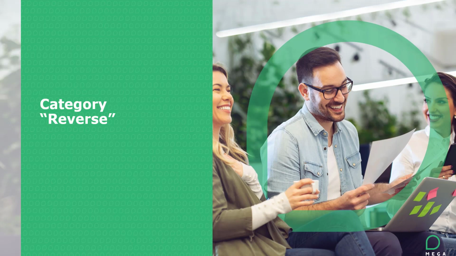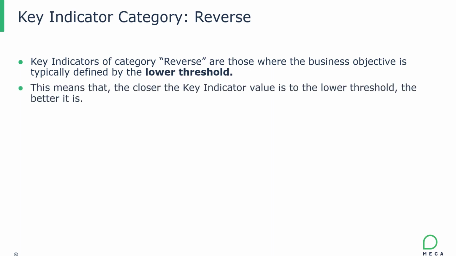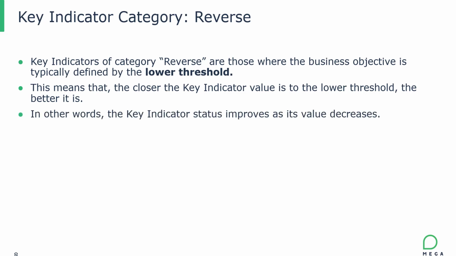In case of indicators of category reverse, these indicators are those where the business objective is typically defined by the lower threshold. This means that the closer the key indicator value is to the lower threshold, the better it is. In other words, the key indicator status improves as its value decreases.